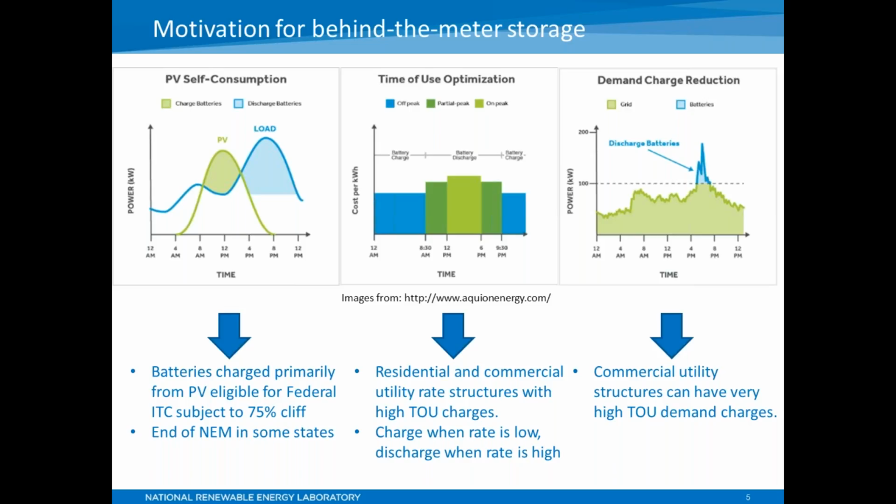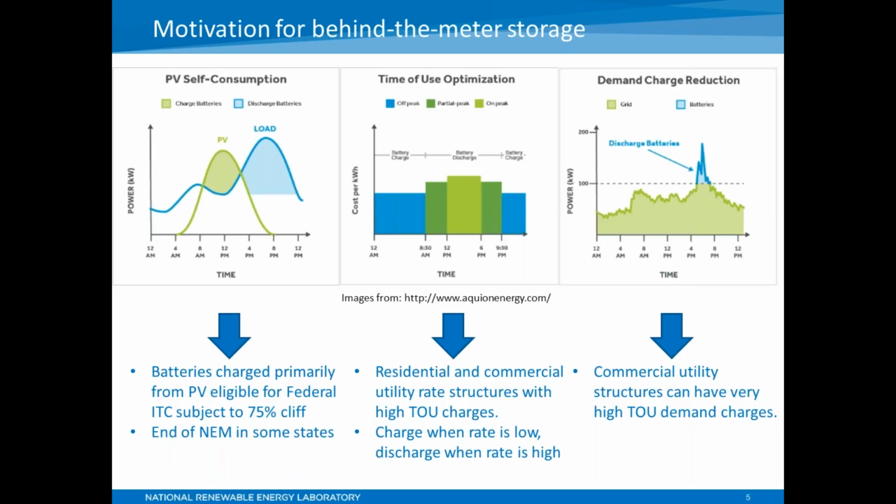And then there are also policy issues where you might live in an area where net energy metering policies are changing such that selling excess PV generation back to the grid is no longer as lucrative as it once was. And so these could all be reasons to install a storage system to store some of that PV power during times of peak production and then use it later on.